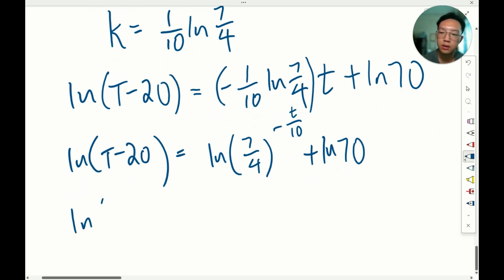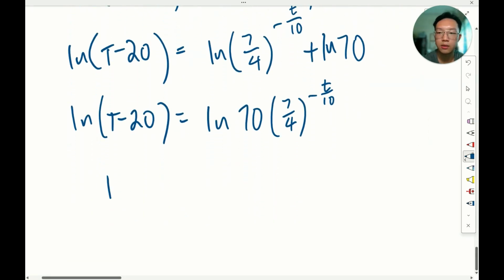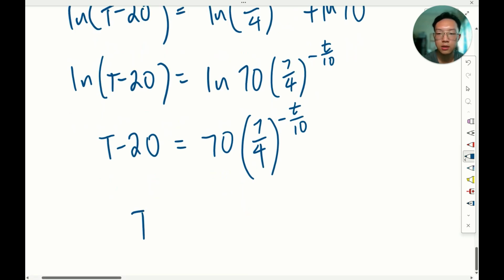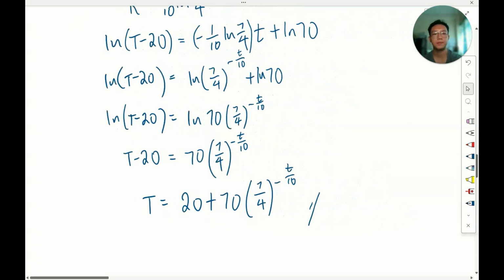One more step to combine these two lns on the right hand side, equals to ln 70 multiplied to 7 over 4 to the power of negative t over 10. And with that, we can remove the lns. We are left with this. Okay, make T the subject. We get T equals 20 plus 70 times 7 over 4 to the power of negative t over 10. That is our final answer.